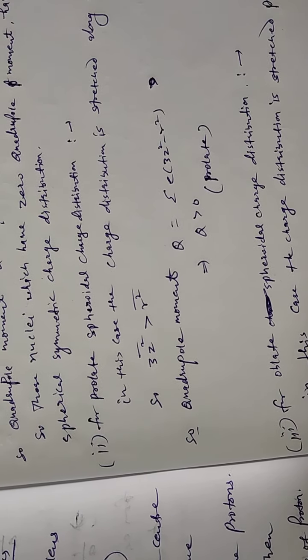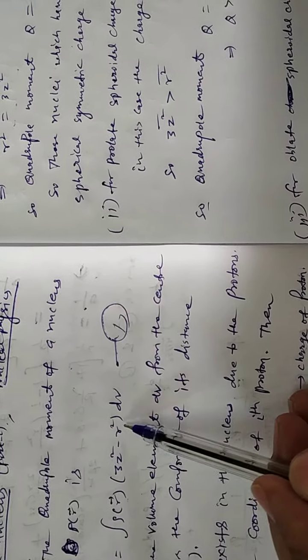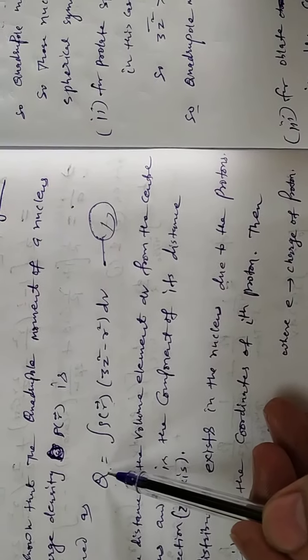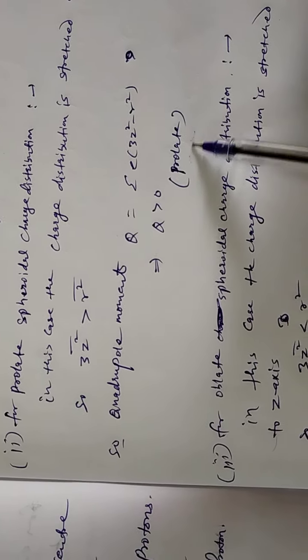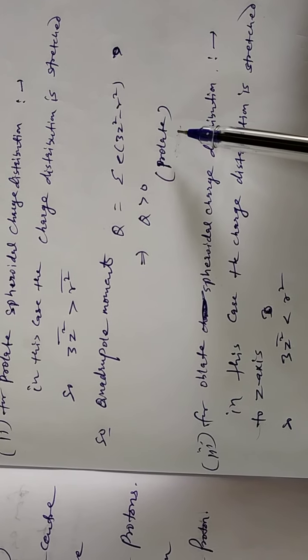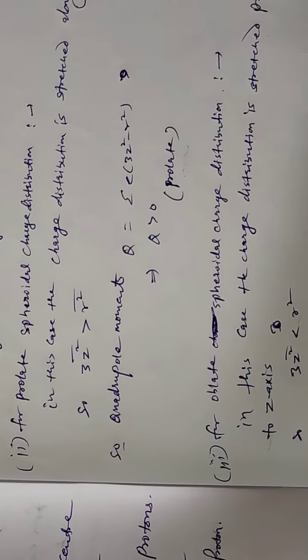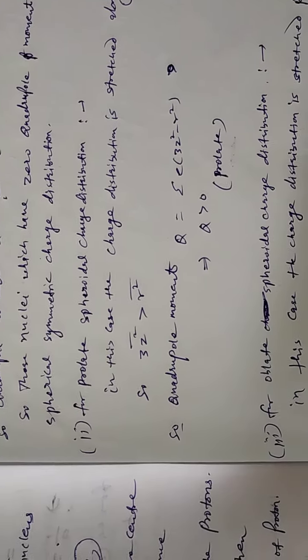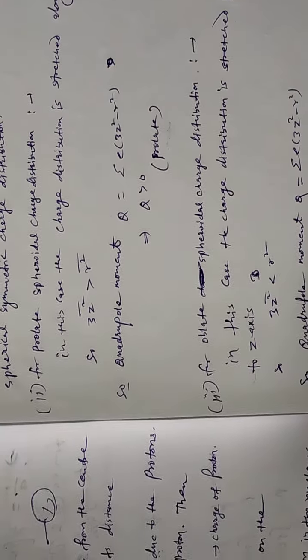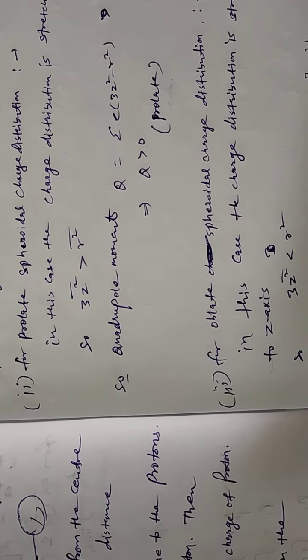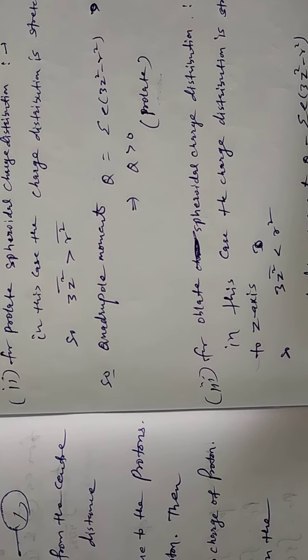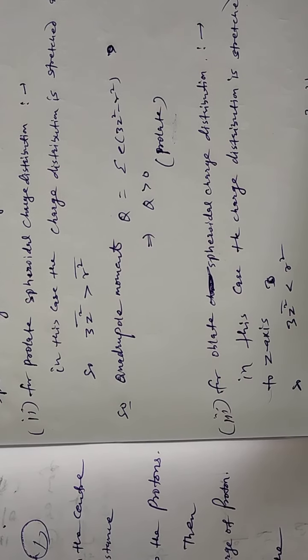So the quadrupole moment Q from the first equation is positive, and when Q is positive, this charge distribution is called prolate spheroidal charge distribution. In other words, if the quadrupole moment is positive, then the charge distribution is prolate spheroidal.